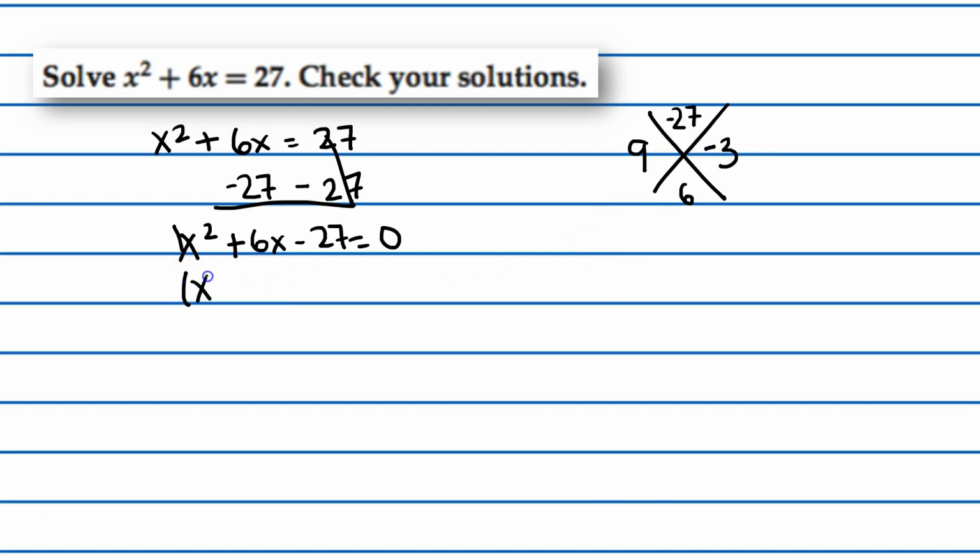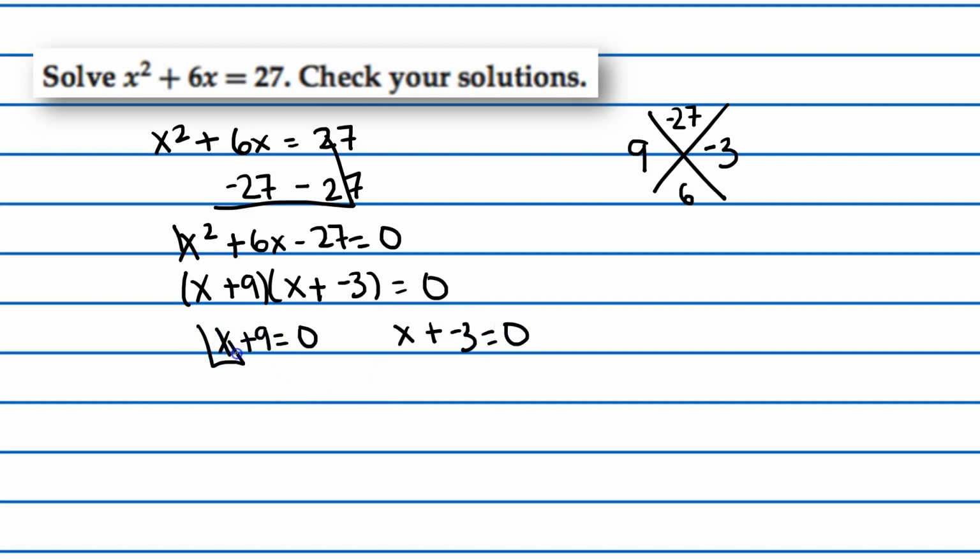So factored out it would be x plus 9 times x plus negative 3, which is equal to 0. And we can go ahead and solve for those as well. So x plus 9 is equal to 0, and x plus negative 3 is equal to 0.